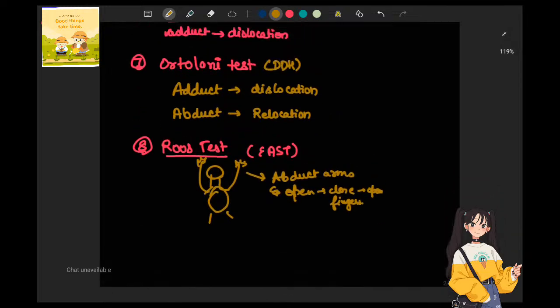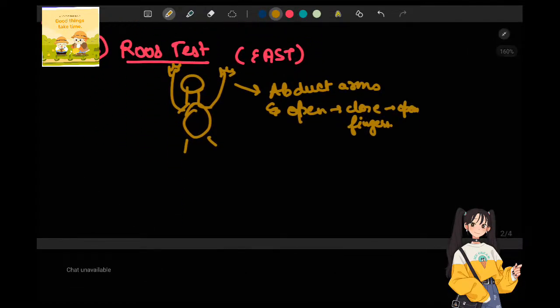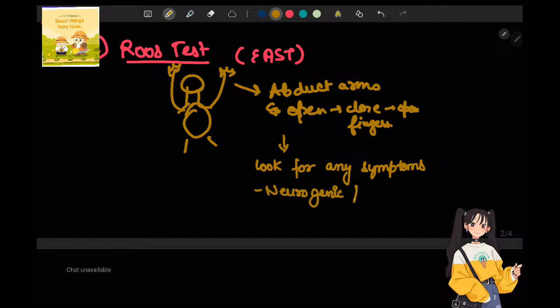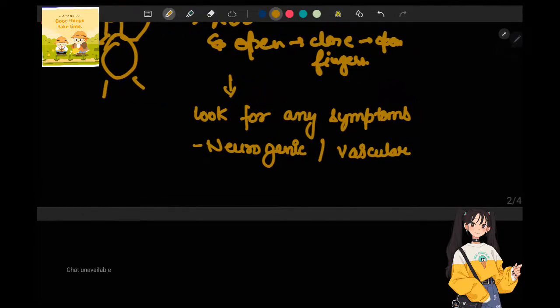Then you will look for any symptoms, that is neurogenic and vascular, arterial and venous occlusion.